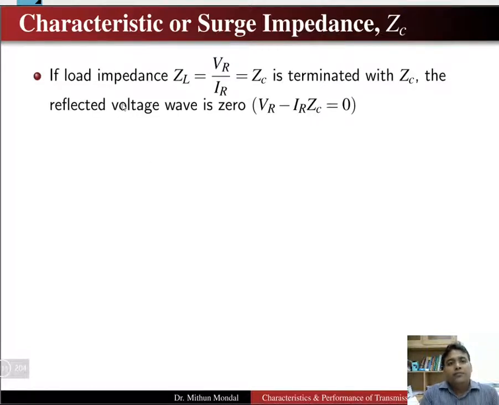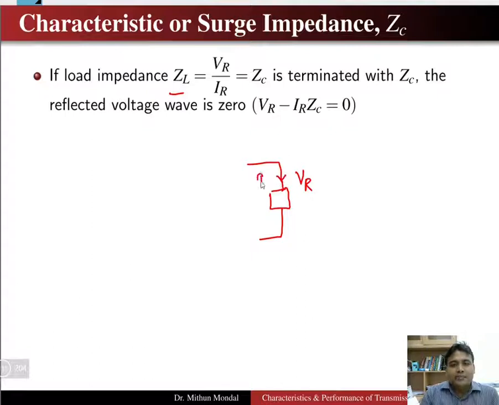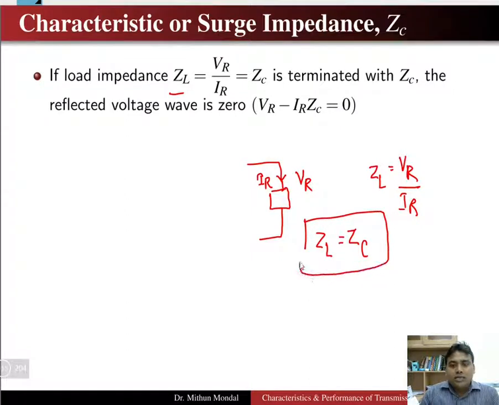So, the load impedance is equal to the receiving end voltage by the receiving end current. If this value of ZL is equal to the characteristic impedance, then the reflected voltage wave will be zero.